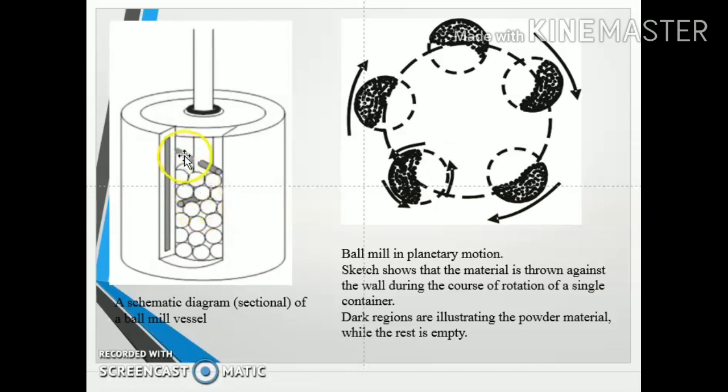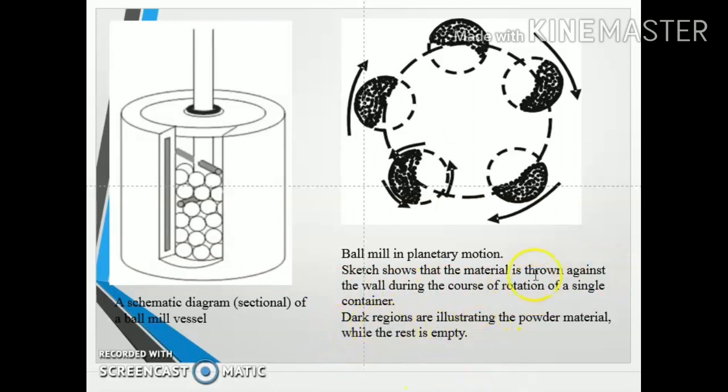The ball milling usually takes place in a planetary motion. The sketch on the right hand side, as I am highlighting it, shows that the material is thrown against the wall due to the centrifugal forces acting on the particles, during the course of rotation of a single container.